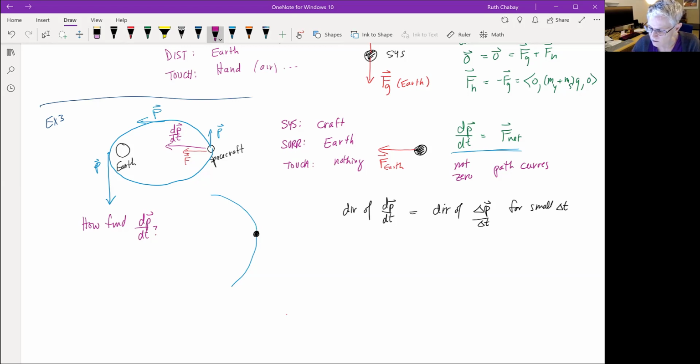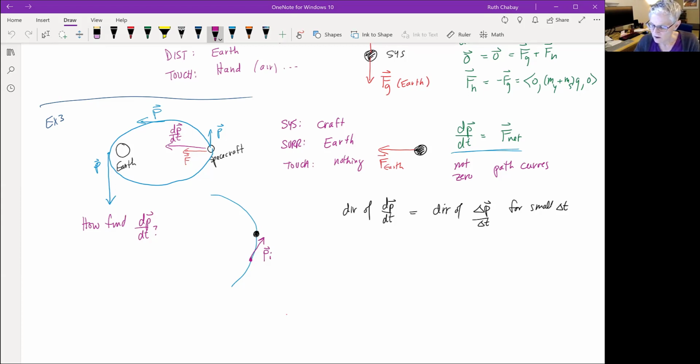So what we need to do is draw the momentum of this spacecraft a short time before it gets to this point. I'm going to exaggerate the distance here just so I can draw it, but we really want a small interval. So P initial here, tangent to our curve, is in this direction before it gets to this point.